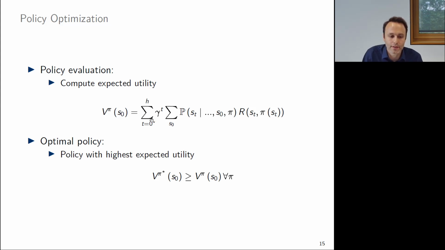Now, the optimal policy is that sequence of actions that gives us the highest expected utility, and so that would be then the V pi star. That's the best one. That's better than all the others.